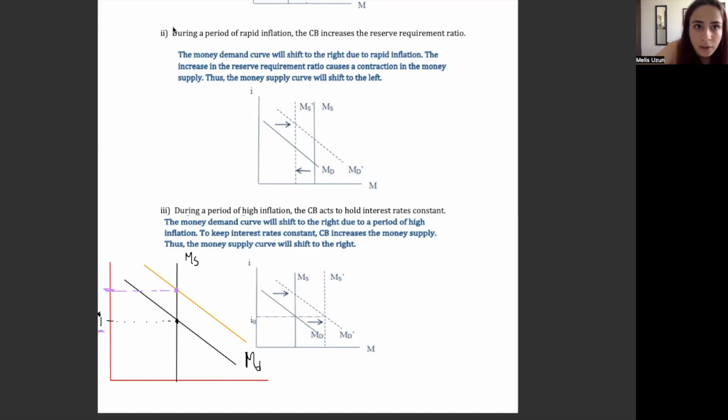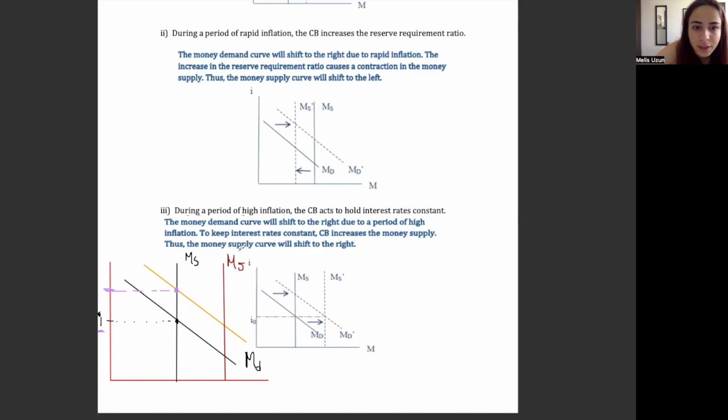Why? If the central bank increases the money supply, this is the new money supply.